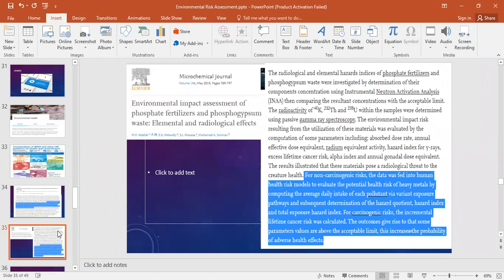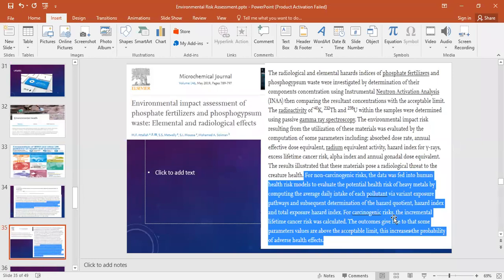This is another article: environmental impact assessment of phosphate fertilizer and phosphogypsum waste, elemental and radiological effects. For non-carcinogenic risk, the data was fed into human health risk models to evaluate the potential health risk of heavy metals by computing the average daily intake of each pollutant via various exposure pathways, and subsequently determining the hazard quotient, hazard index, and total exposure hazard index.